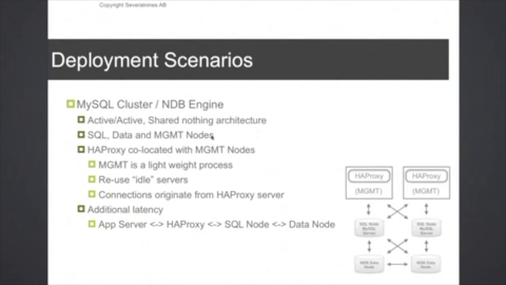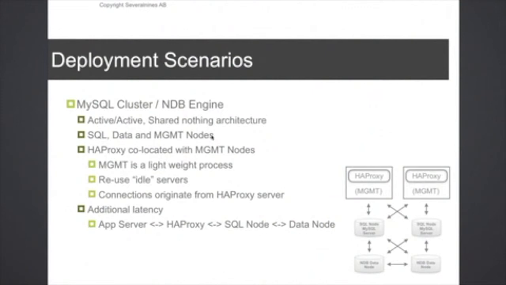There's no passive component here. MySQL Cluster consists of different types of components. You have SQL nodes, which are basically the MySQL server, which act as a SQL proxy for SQL-based applications to connect to, so that they can access the data nodes. And the data nodes is where the actual data is stored in MySQL Cluster.